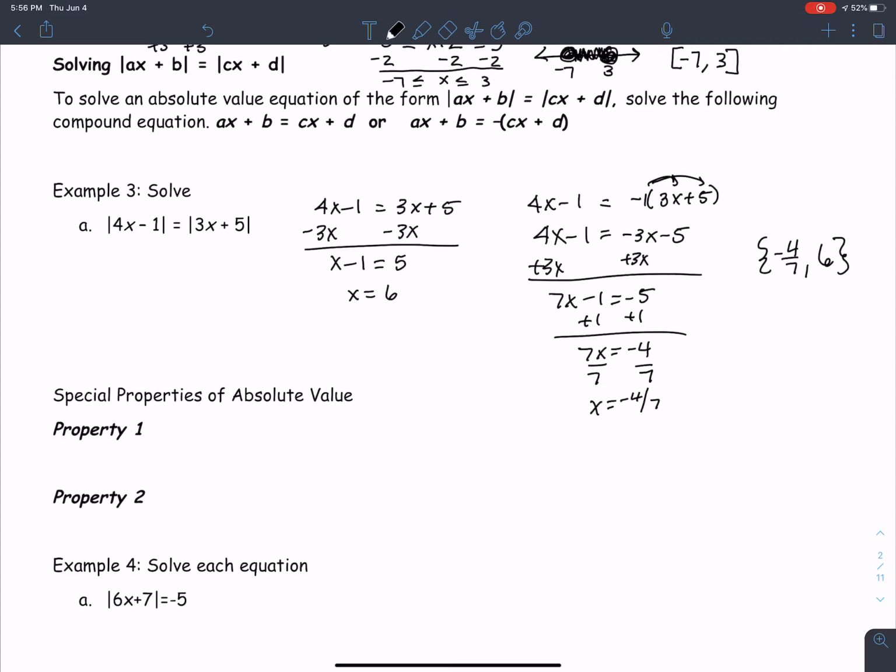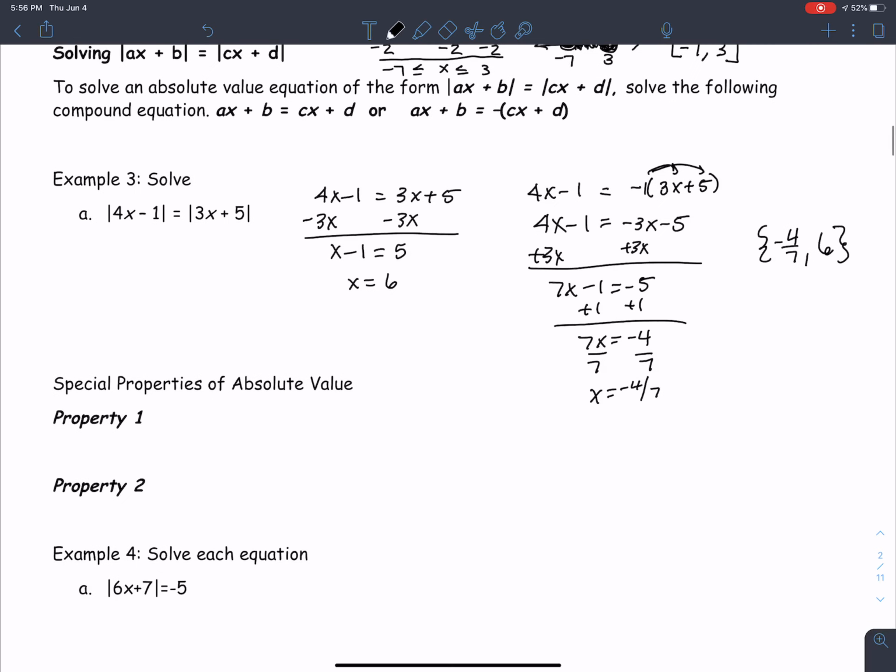Okay? All right. Special properties of absolute value. This is a big deal. Property 1: the absolute value of an expression can never be negative.